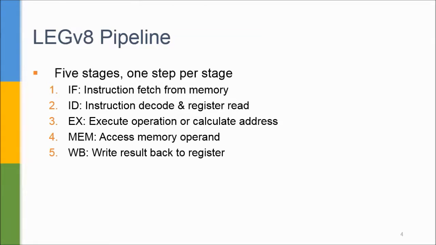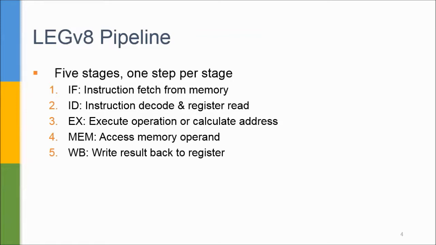The same principle we see in the laundry example applies to processors where we pipeline instruction execution. For example, a LEGv8 instruction classically takes 5 steps. First step, we fetch the instruction from memory.